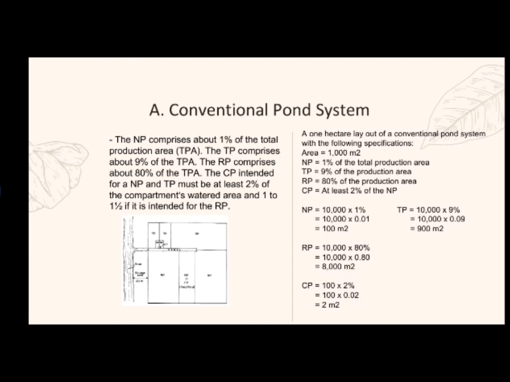So the catching pond is equal to 100 times 2%, equals 100 times 0.02, equals 2 meters squared. So that's the conventional pond system.